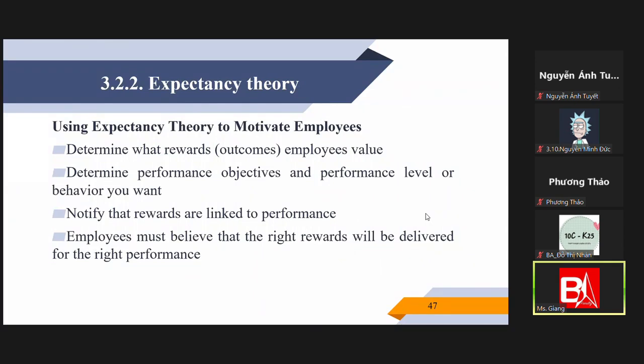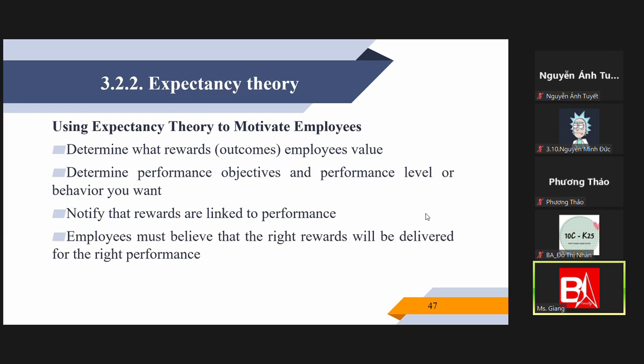In order to apply the expectancy theory to motivate employees, we will need to determine what reward outcomes employees value. So determine the instrumentality. Determine the performance objectives and performance level or behavior you want. So set the objective.